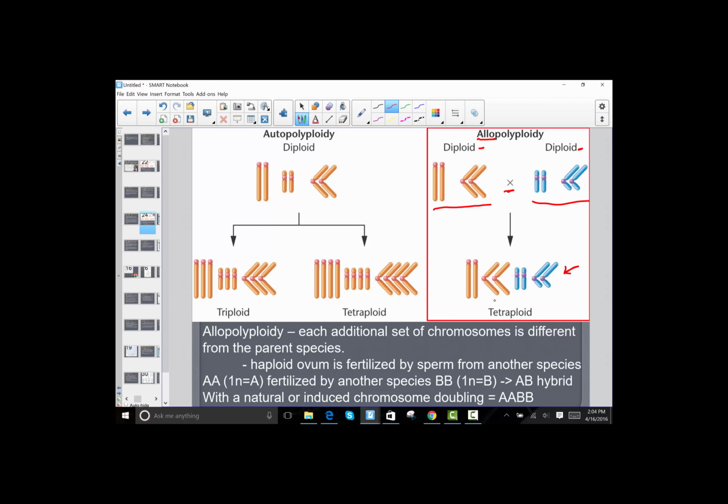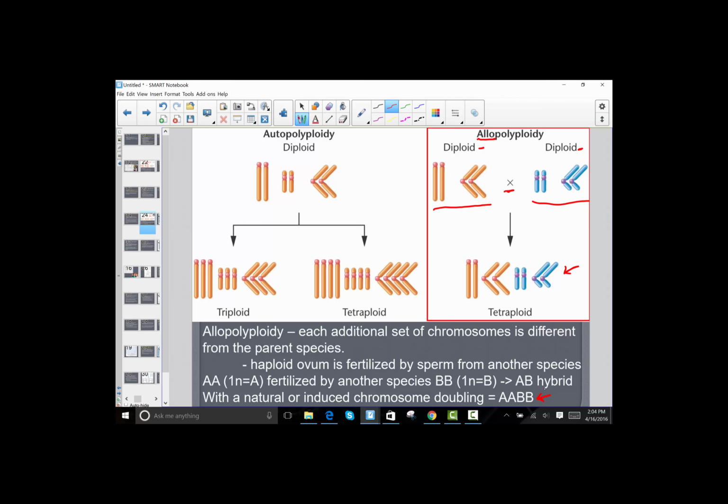So each additional set of chromosomes is different from the parent species, and this happens when you have a haploid ovum that's fertilized by sperm from another species. So we have a 1N equals A that's fertilized by another species, 1N equals B. We now have an AB hybrid, okay? But in order to make these something that you can actually divide and produce gametes, there is a natural or induced doubling of the chromosomes.